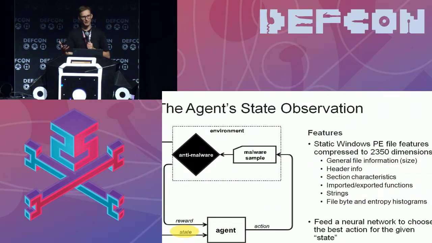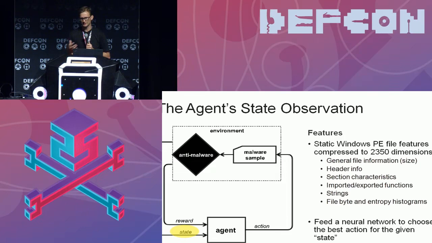So in the case of Atari, the state was a screenshot. In our case, the state will be a feature vector that summarizes, poorly but coarsely, the state of the malware. So what does the malware look like that I'm using to attack the Next-Gen AV?